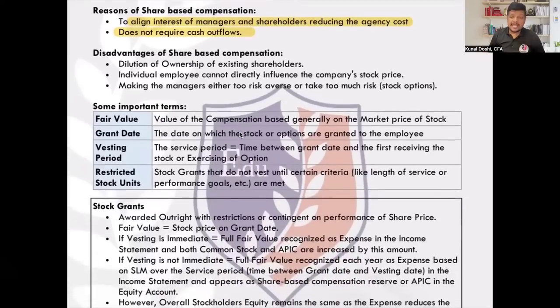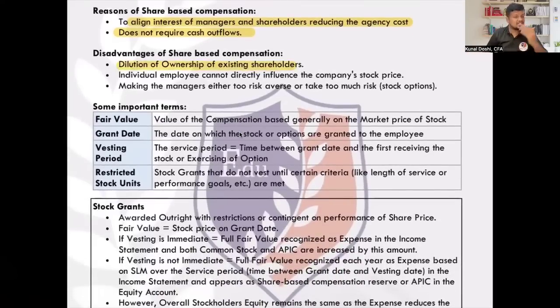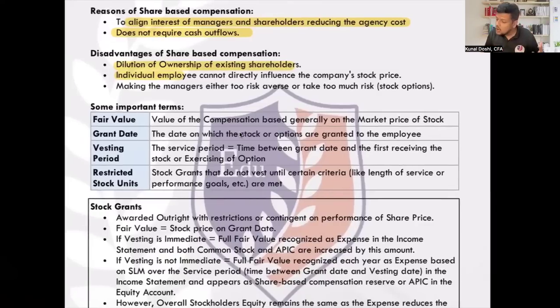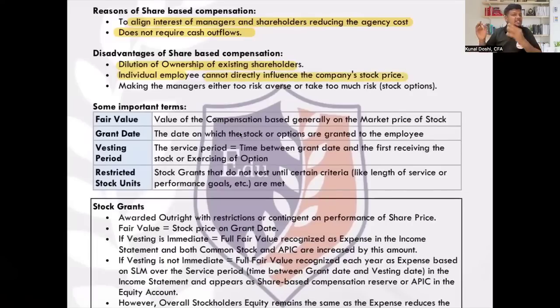However, for the company there is a disadvantage, dilution of ownership, because you're issuing more shares. Critics also say that giving shares is meant to align interests, but it doesn't happen. An individual employee, even if rewarded with more shares, cannot alone influence the company's stock price.